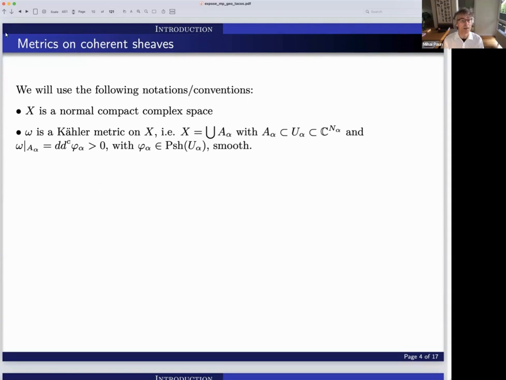So it's not just defined on X. I mean, okay, globally, yes, but the gist is that it comes from smooth and plurisubharmonic functions on these open subsets here.